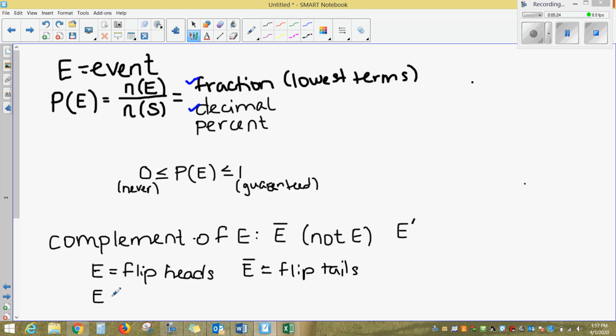If my event, when I roll a die, is that I roll a 2, the complement of that event is that I roll anything that's not a 2. So it would be 1, 3, 4, 5, or 6. It's the rest of the story. Either E happens or something else happens. And so not E, or E complement, is going to be the rest of the sample space.